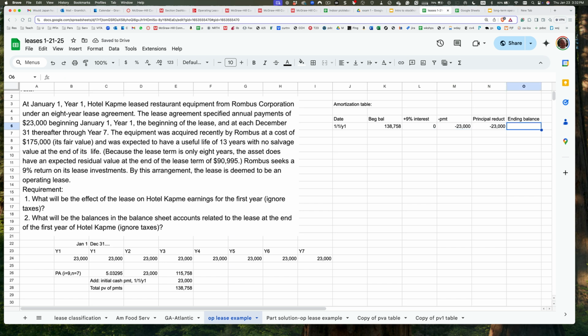We have the principal reduction, and then we're going to take this 138 plus the principal reduction.